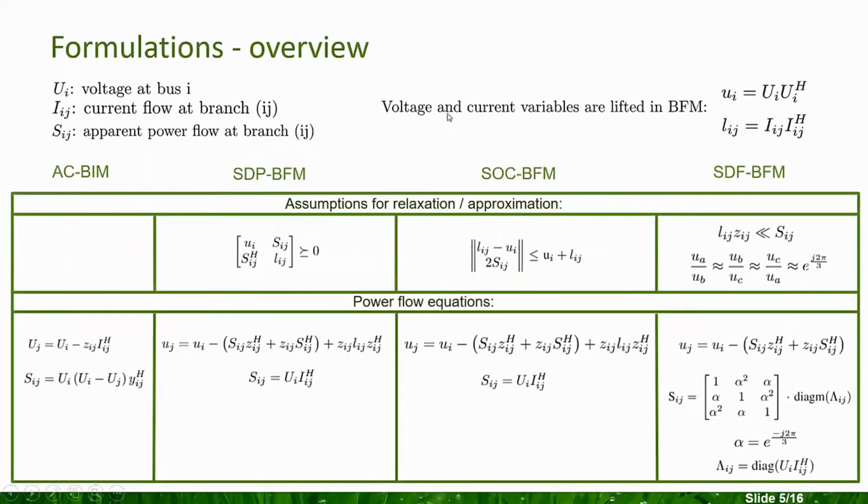I also don't really have the time to go through the details of the formulations, but this is the SDP from which the second order cone and SDF stem from.